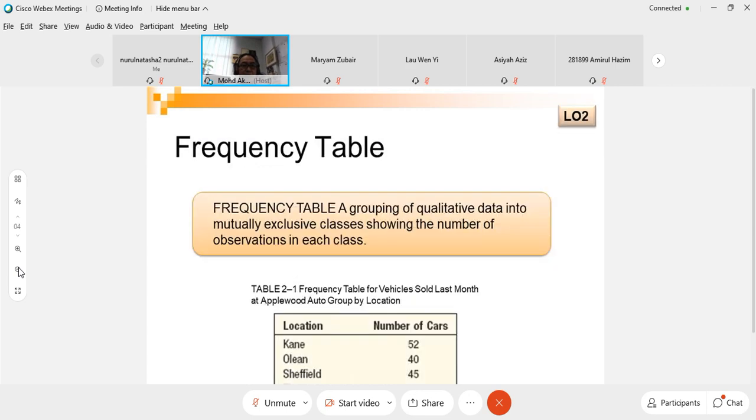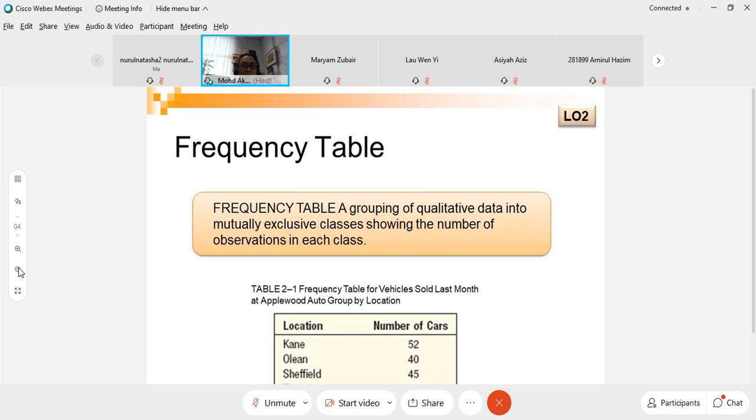So what does a frequency table say? It means a group of qualitative, this one not qualitative, should be quantitative, a number of quantitative data into mutually exclusive classes, showing the number of observations in each class. That means for each class, they have the location. They have 4 locations, Kane, Olean, Sheffield, Tionesta.